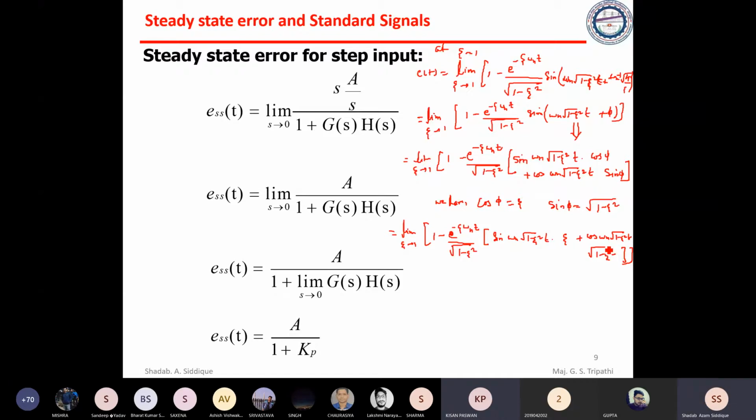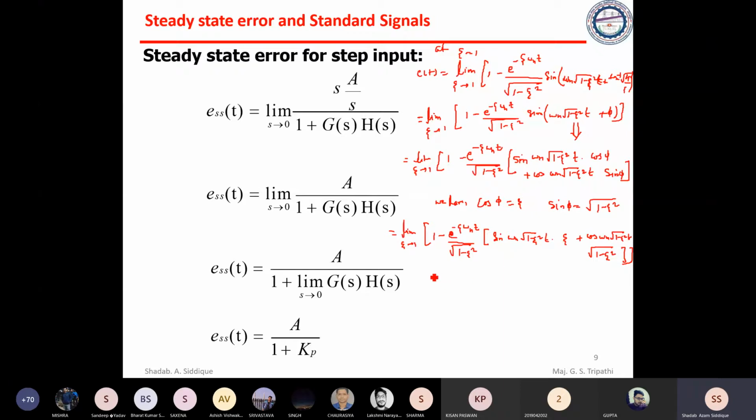Any doubt? Now, what is the term we have? If we take directly the limit as zeta tends to 1 of sine of omega n square root of 1 minus zeta square into t, into zeta, then what will happen?